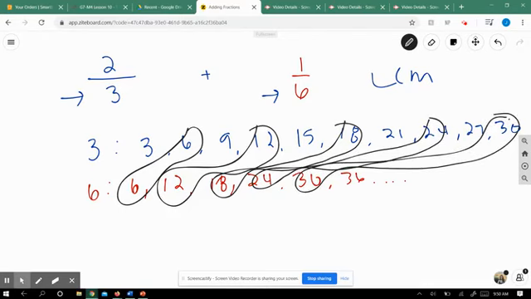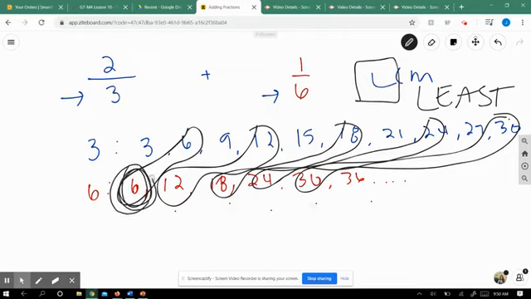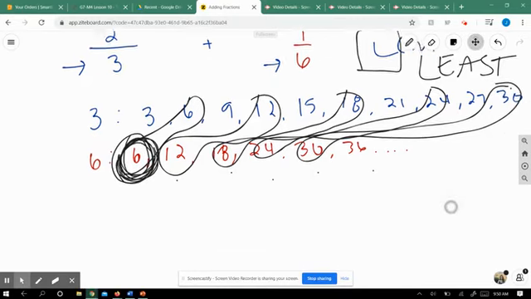But if we look, every multiple of 6 is common with 3. So this is where the L in LCM is important. We are looking for the least common multiple. That means the lowest number. So of all of these, 6, 12, 18, 24, 30, 36, 6 is going to be the lowest one. So we are going to choose 6.